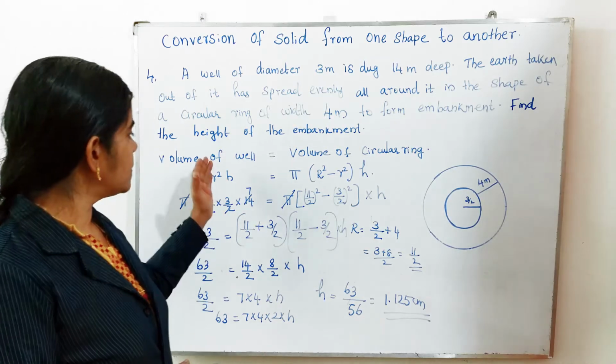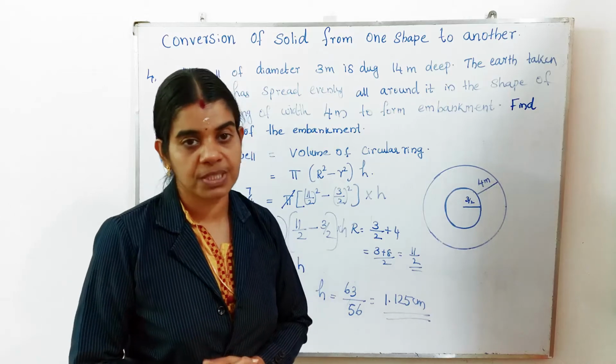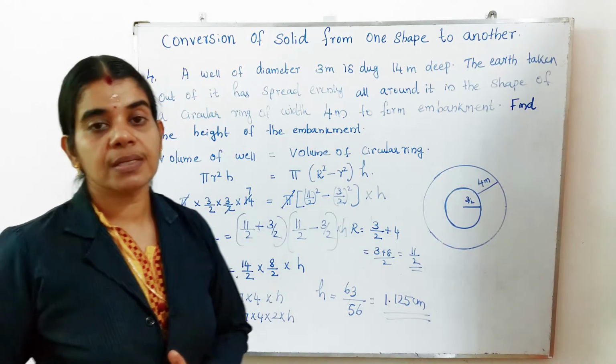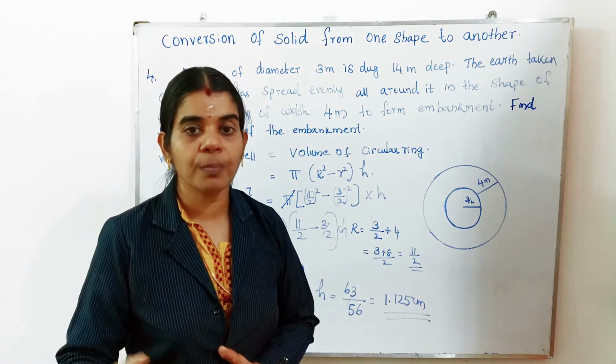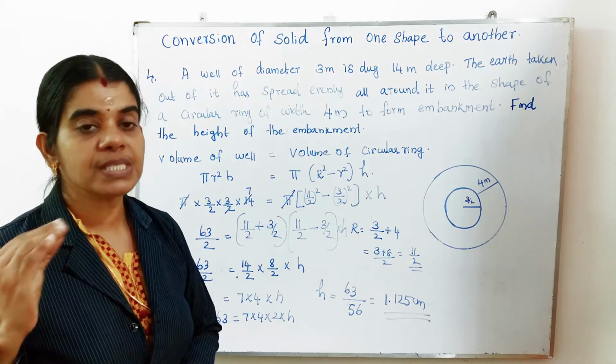Then you know that the volume of the well is equal to the volume of the circular ring formed. After taking that earth from the well, we spread it around the well and form an embankment, so the embankment will be in the form of a circular ring.